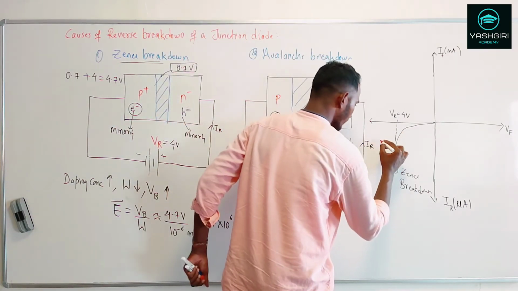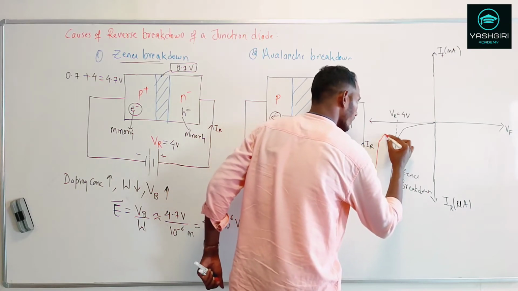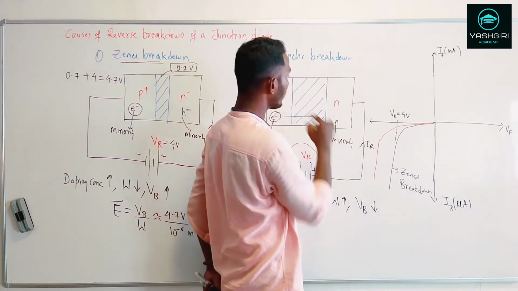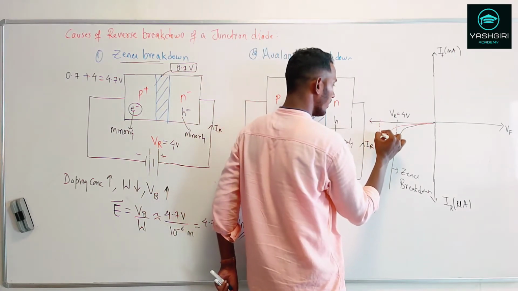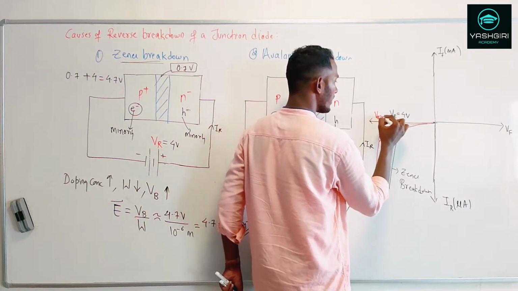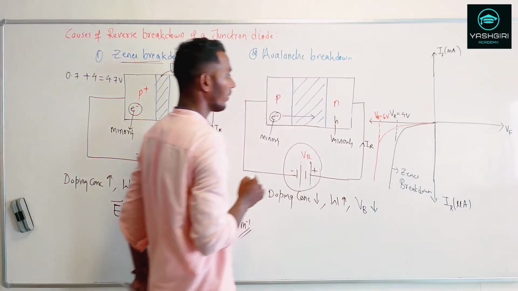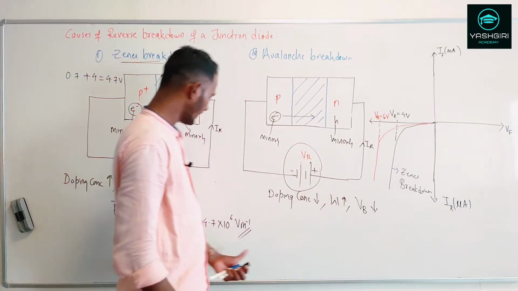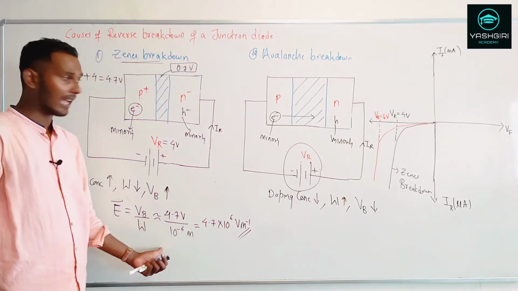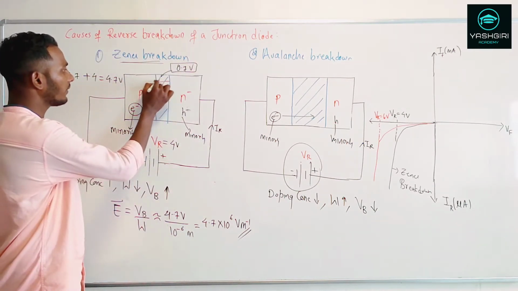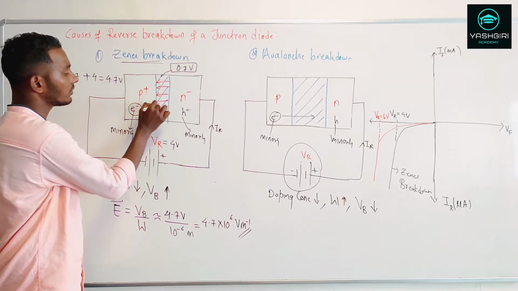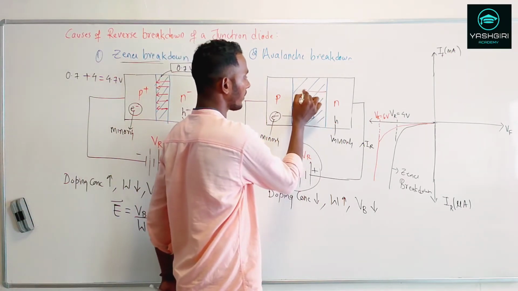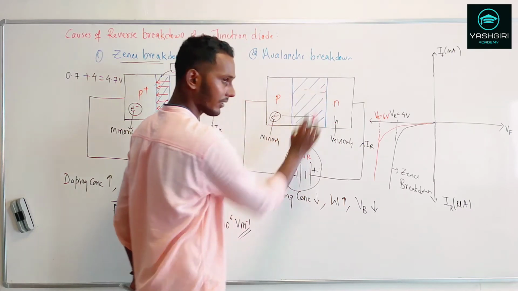So let me show that this is the reverse current. Now the reverse voltage required for the avalanche breakdown is a bit large, so you can say VR is equal to 6 volts to get the reverse saturation current. Why? Because in the Zener case the current is due to the electric field created in the junction, whereas here it is just because of the collision process and not due to the electric field.